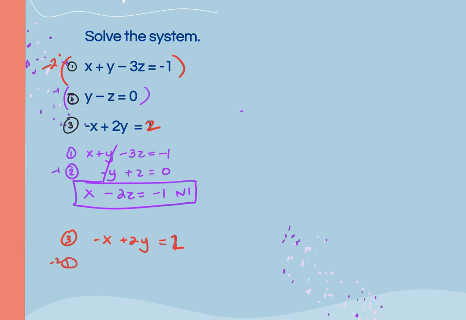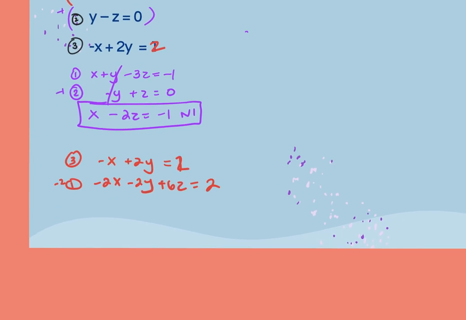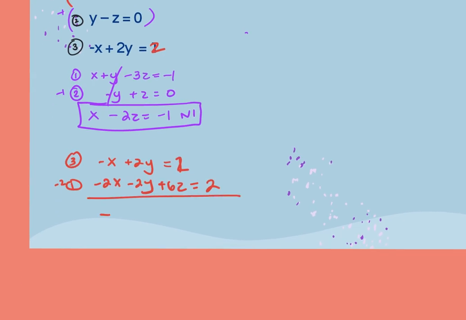And this is negative 2 times x, and negative 2 times y, and negative 2 times negative 3z, which is positive 6z, and negative 2 times negative 1, which is 2. And then you combine from here. Negative 3x. These cancel. Plus 6z equals 4. And that's new 2.